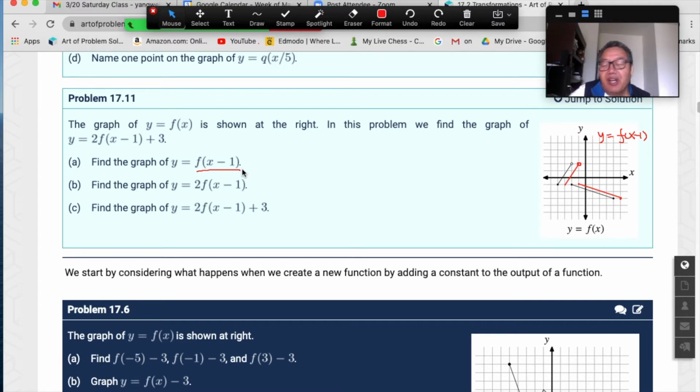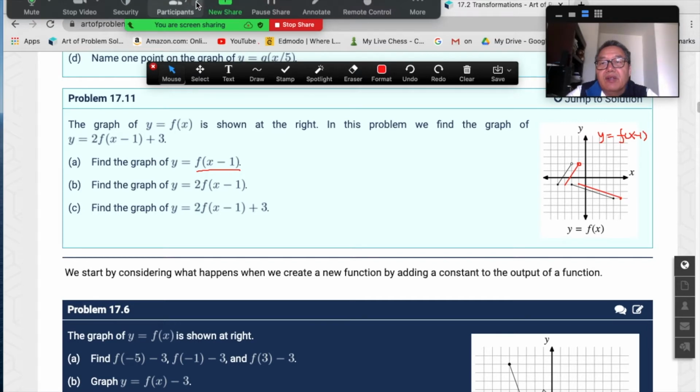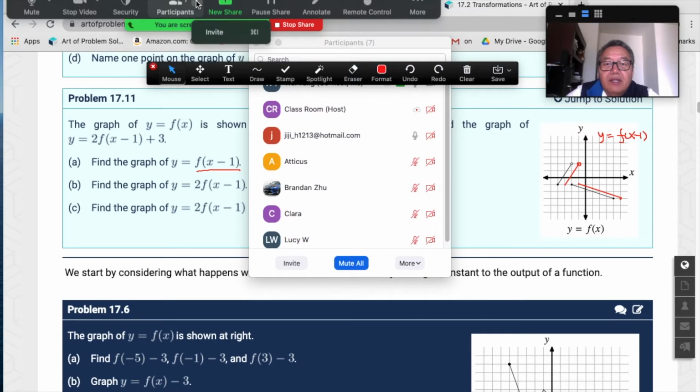Brandon, do you have any idea? No? Oh no, I'm sorry, I'm not sure yet. You're not sure, okay. Now let me ask Clara, can you tell me how we can get a graph of this function from f(x minus 1)?